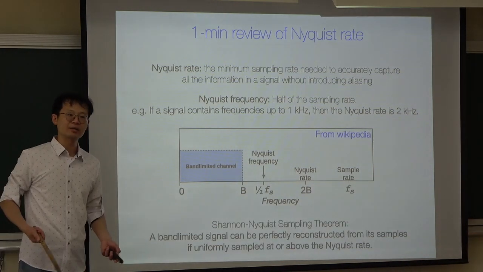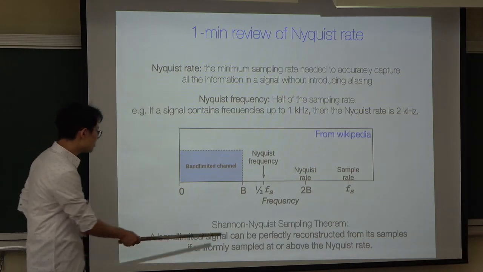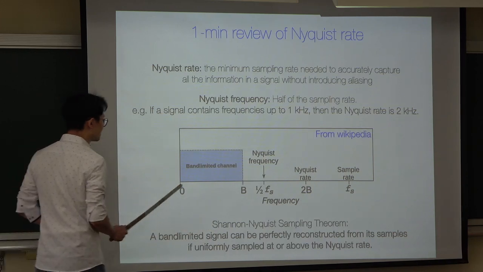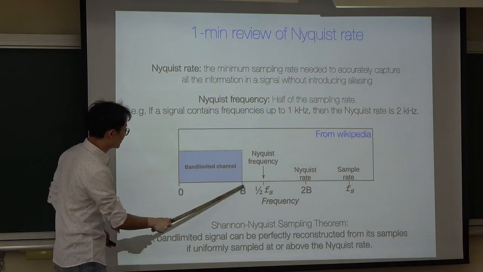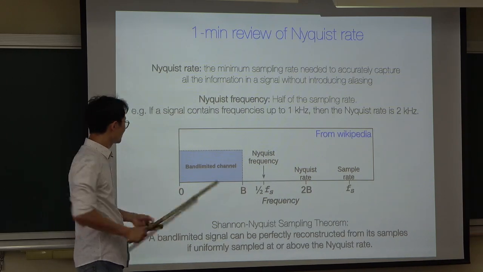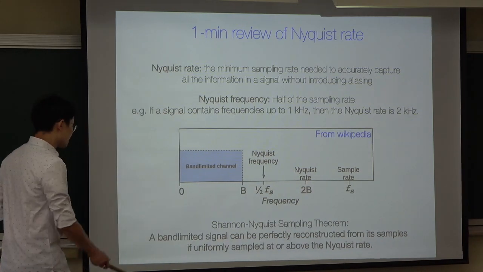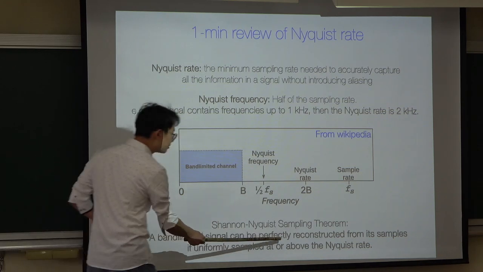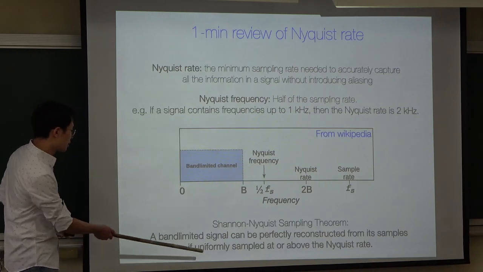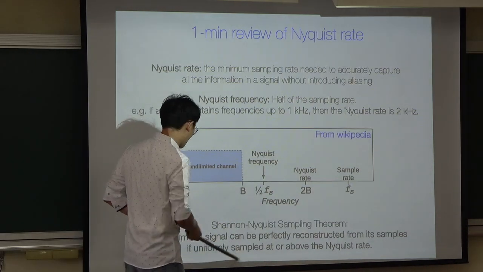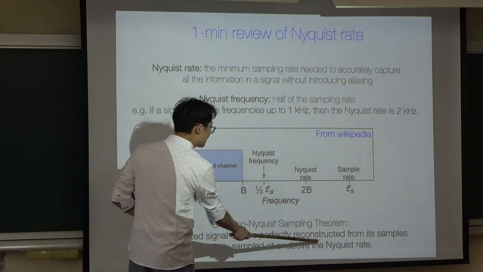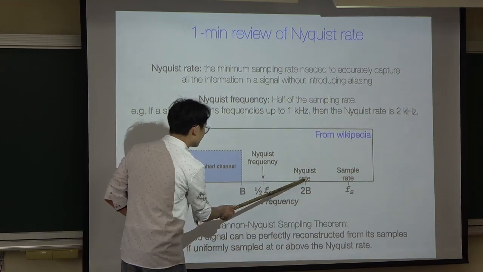And what is the key information here? The Shannon-Nyquist sampling theory tells you that a band limited signal, that is a signal that has its spectrum supported on 0 to B, can be perfectly reconstructed from its samples if uniformly sampled, very important, uniformly sampled at or above the Nyquist rate.